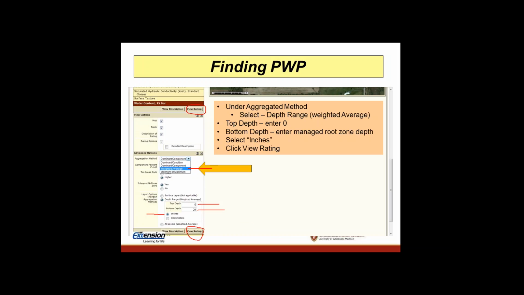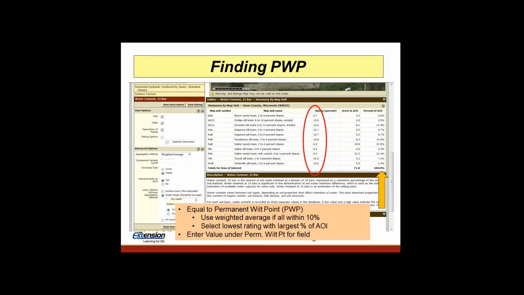And it will give me all kinds of arrows. Then it's going to give me a rating. So it's going to be the percentage of moisture left for a rating for each area of interest.